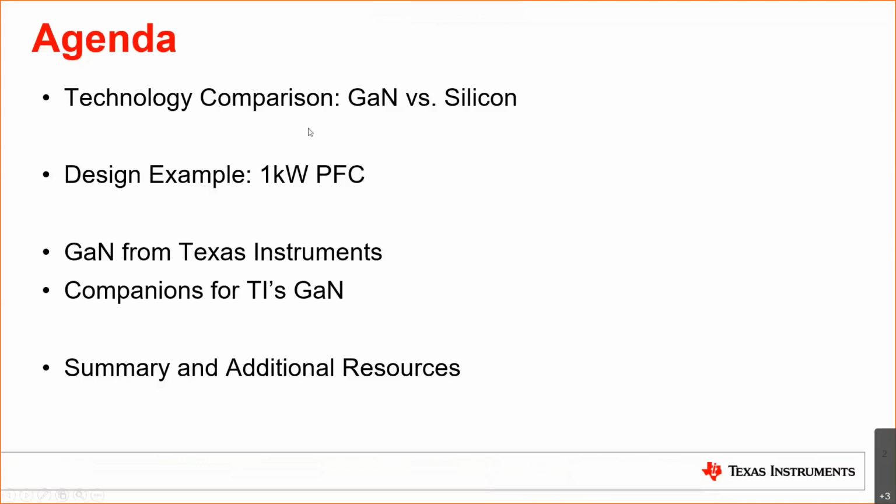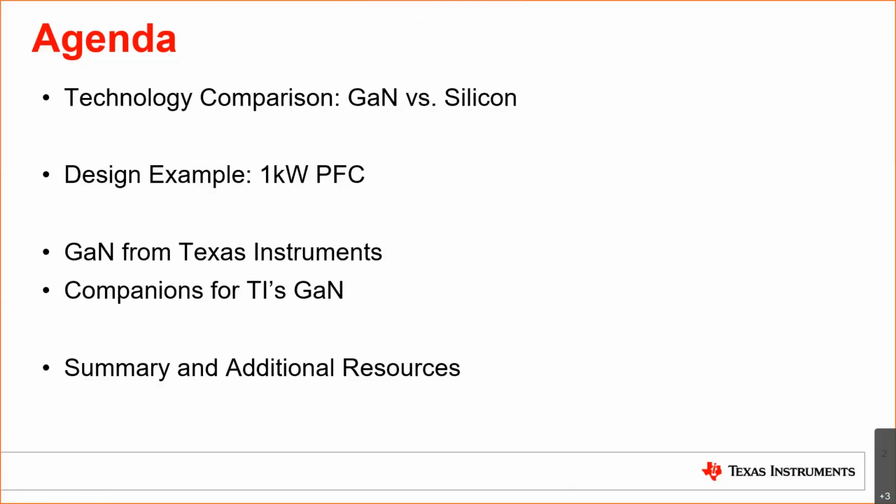We'll first start with a technology comparison just to get an understanding of where we need to place GaN and also how GaN behaves versus silicon technologies. We'll then have a concrete design example with a 1 kilowatt PFC. And then in the next part, we will have a closer look at our portfolio and our devices.